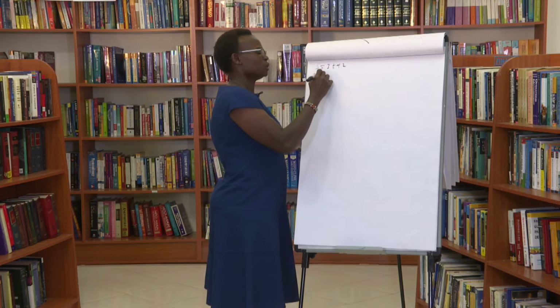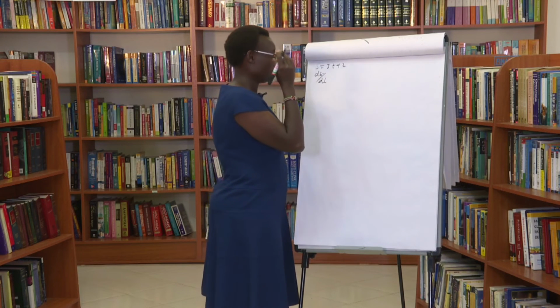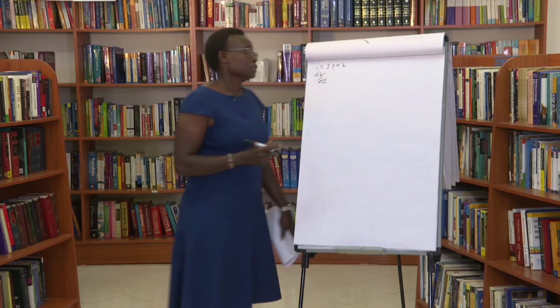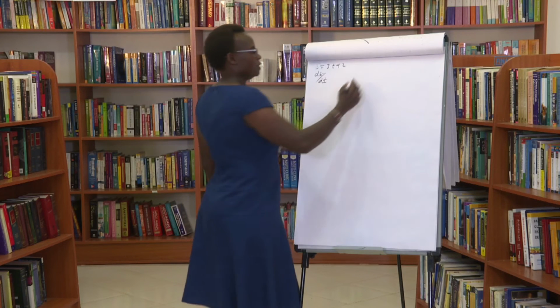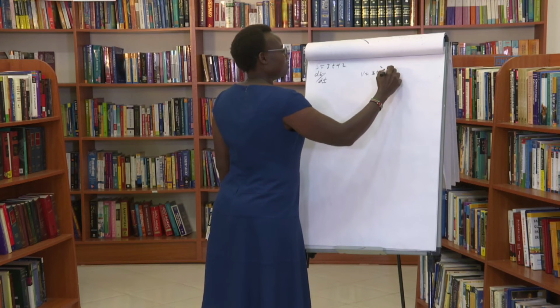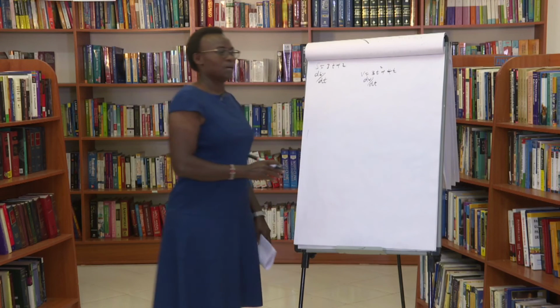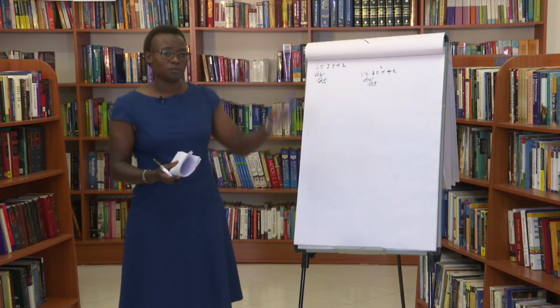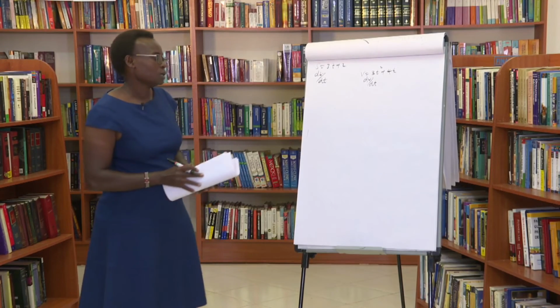So in this case, you'll be talking about ds over dt. If you have v is equals to 3t squared plus 4t, you'd be talking about dv over dt. So again, the notation is dependent on what kind of function you're talking about.